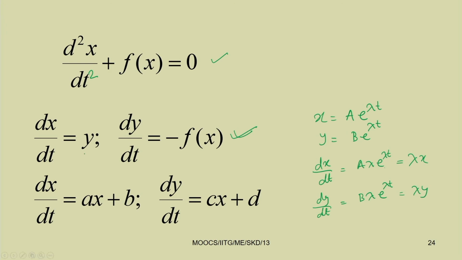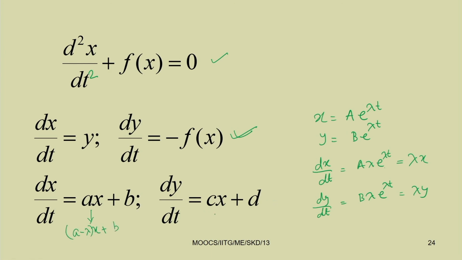So, for dx by dt we can write lambda x equal to ax plus by, or (a minus lambda) x plus by equal to 0.